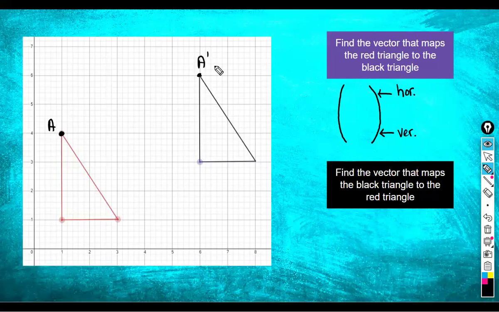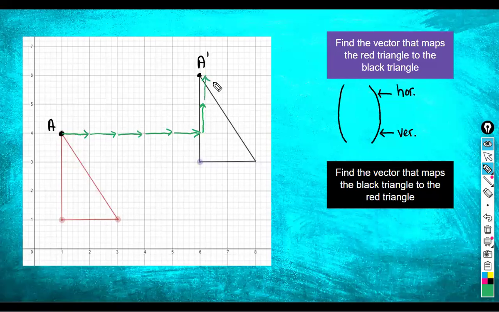Now, it doesn't matter if I do the horizontal movement first or the vertical movement, but I always like to do the horizontal movement first. How would you move from point A to A prime? I will move this point 1, 2, 3, 4, 5. And when I reach here, I will move up by how much? 1, 2.